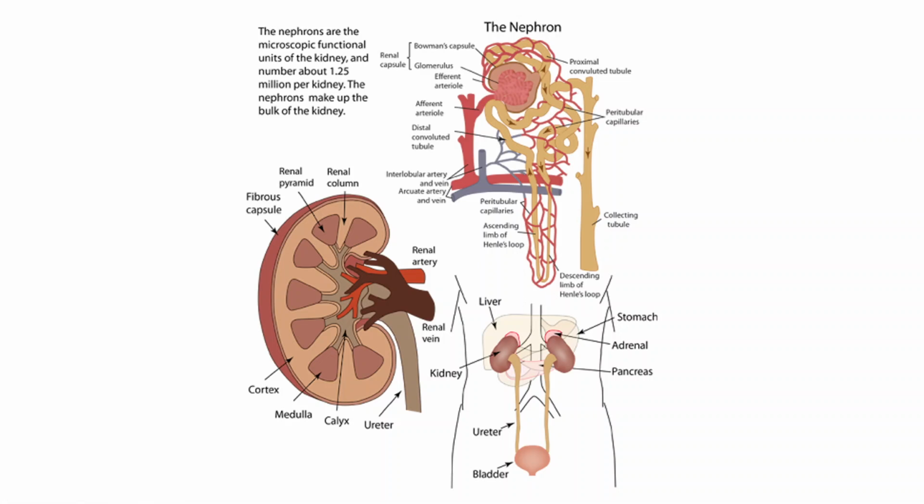In the PCT, you have massive reabsorption of glucose, amino acids, sodium ions, bicarbonate, and obviously water. The majority of the fluid is actually taken in at the PCT itself.